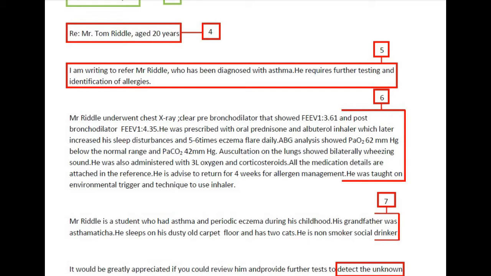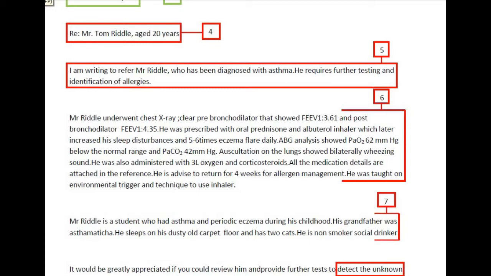To make the paragraph impressive, the sentences should be constructed in a proper way. The introduction can therefore be written as, I am writing to refer Mr. Riddle, an asthmatic patient who requires an allergen identification test, which is much more impressive and gives a clear idea to the reader. So always try to make the introduction precise and concise.